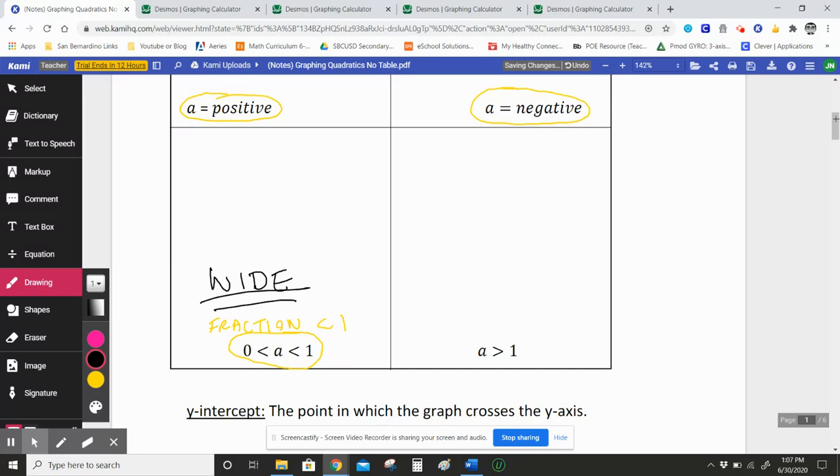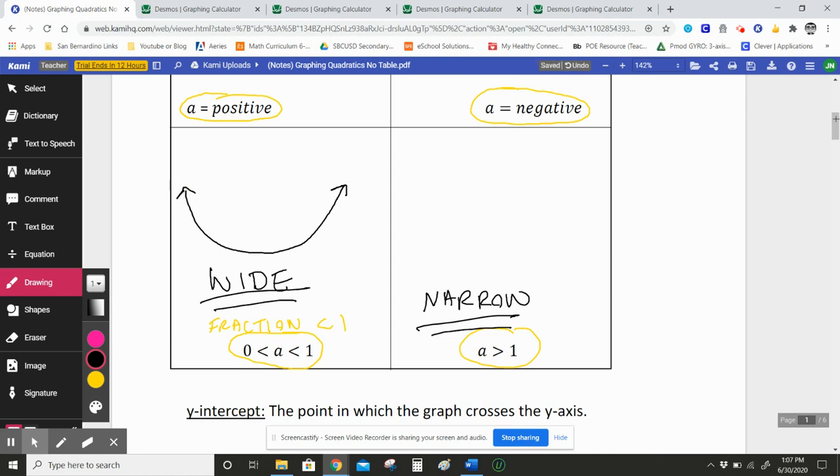And when the value of a is bigger than 1, or much bigger than 1, you're going to have a narrow parabola. So it's either going to be fat or skinny. If you have a fraction smaller than 1, it's going to be wide.